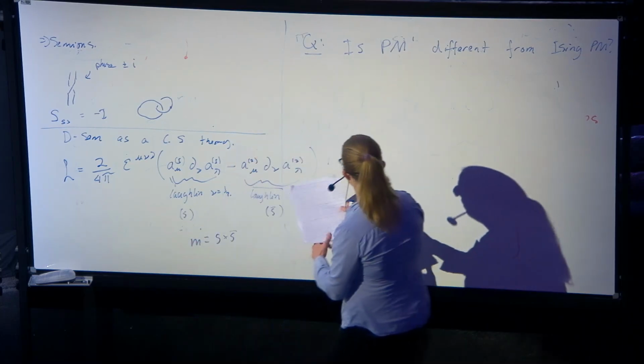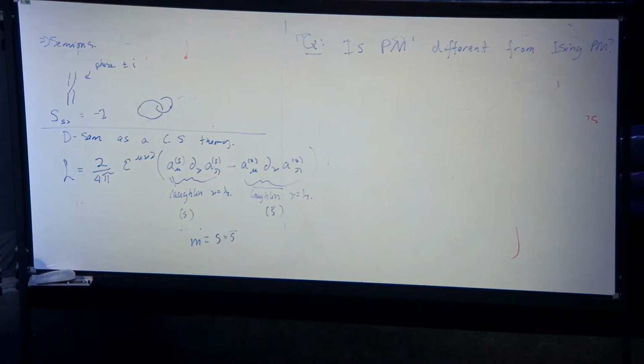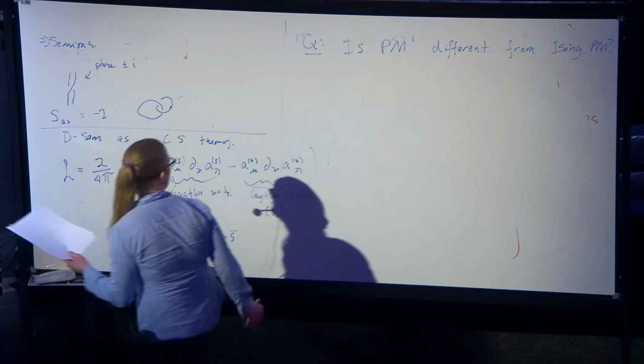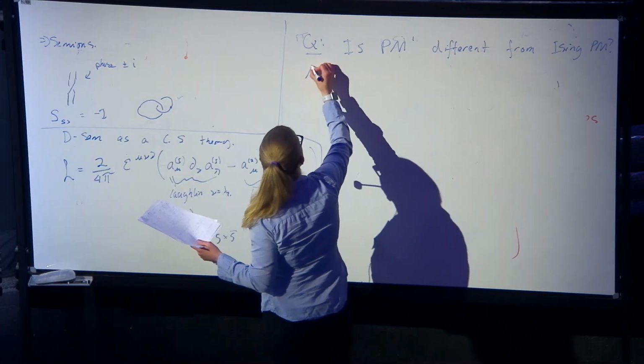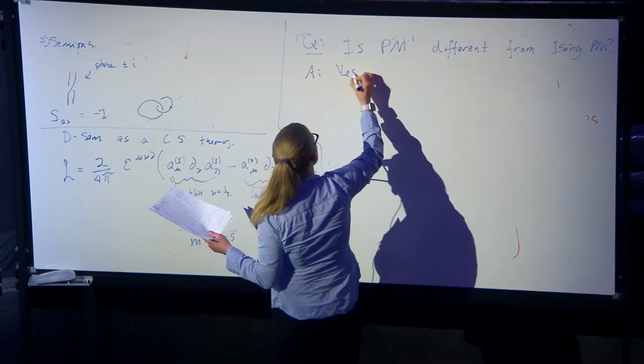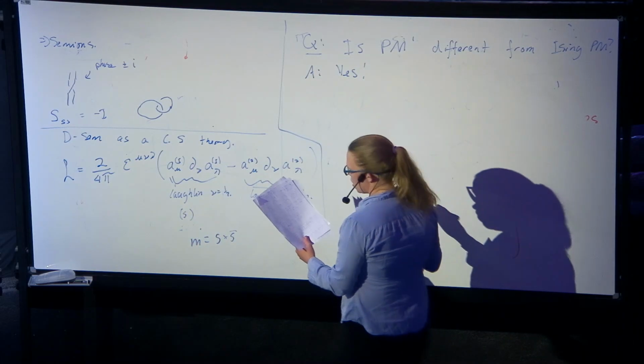It turns out that it is, and it is because of the statistics of these semions. I'm going to give you a couple of different arguments for this, but let me start with the most pedestrian one, which looks like this.